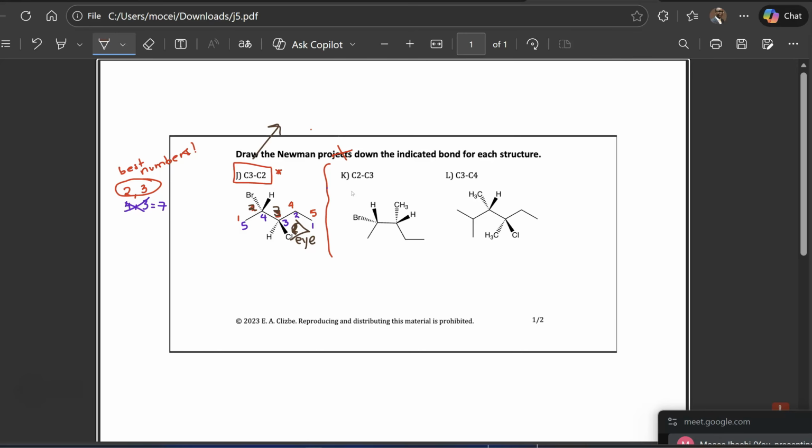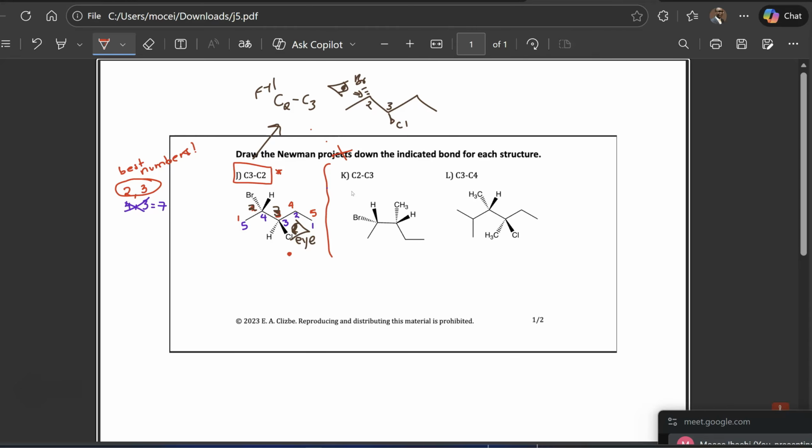Now, if this question said C2, C3, where would my eye be? Our eye would be on the left side. Exactly. So you have to be very, very careful with the instructions.